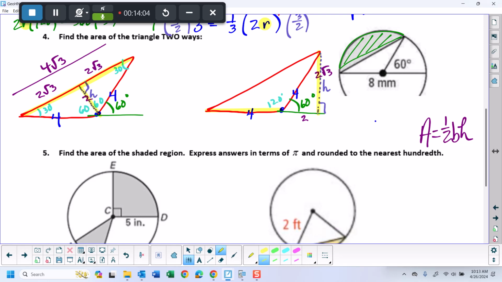Because I can draw an altitude as long as I draw a segment from a vertex to the opposite side using a right angle. So this is an altitude that I drew from a vertex to the opposite side using a right angle. Now it happens to be outside of the triangle because this is obtuse. And when I have an obtuse triangle, that altitude or that height is outside the triangle.